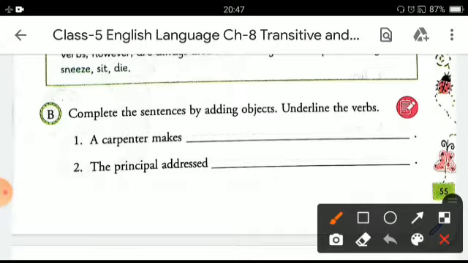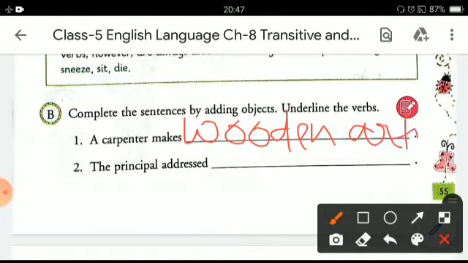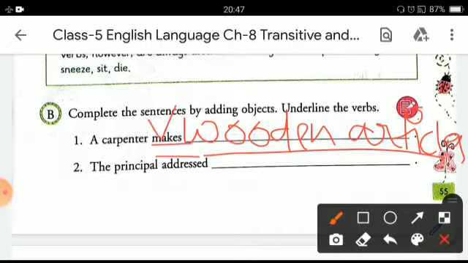It can be a wooden article or furniture. So I'm writing here wooden articles as an object, and makes is the verb. In the same way, you have to complete the rest of the sentences on your own.